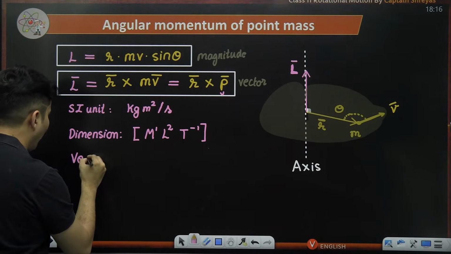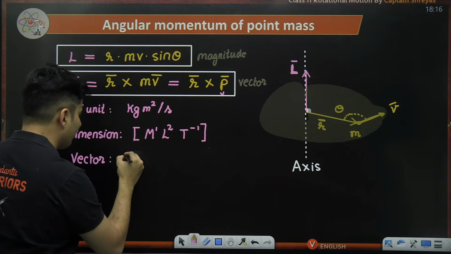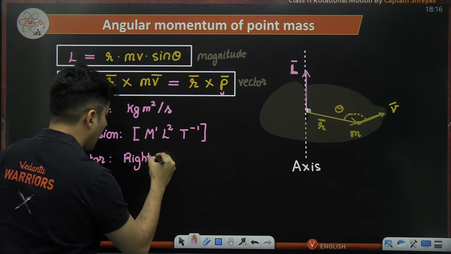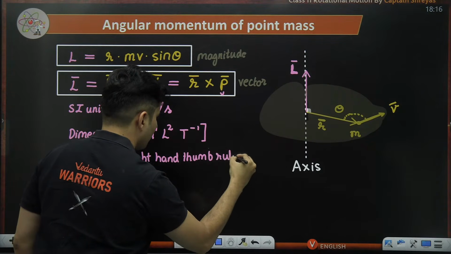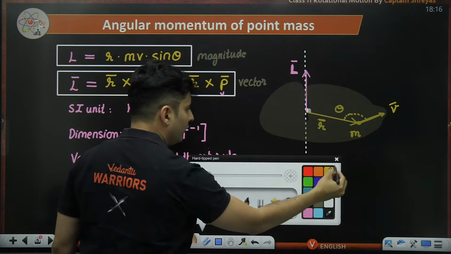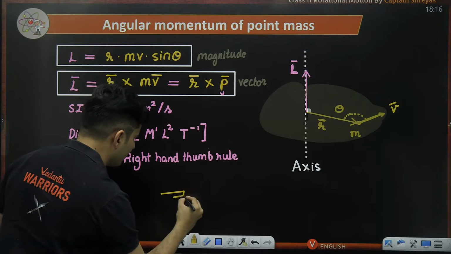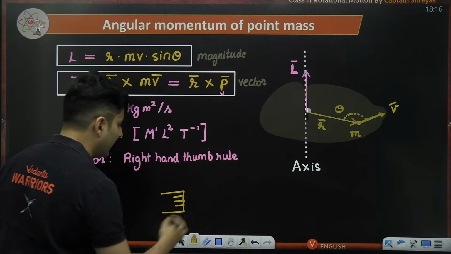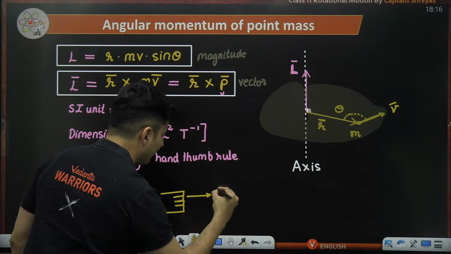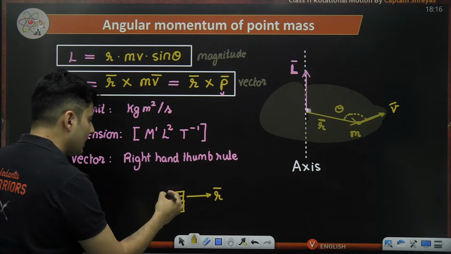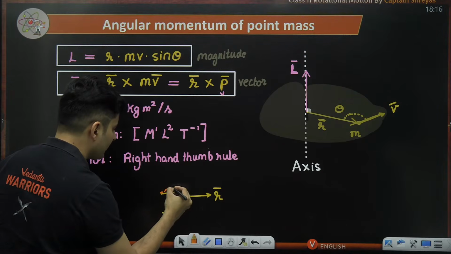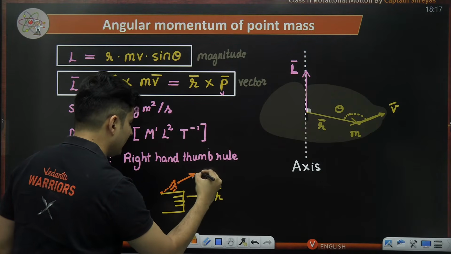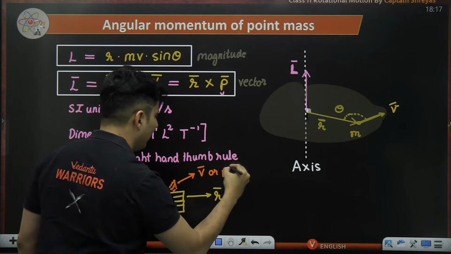This is a vector quantity given by the right hand thumb rule, where you first point your four fingers of your right hand in the direction of r vector, slowly bend it, curl it towards the velocity vector, or basically the momentum vector.